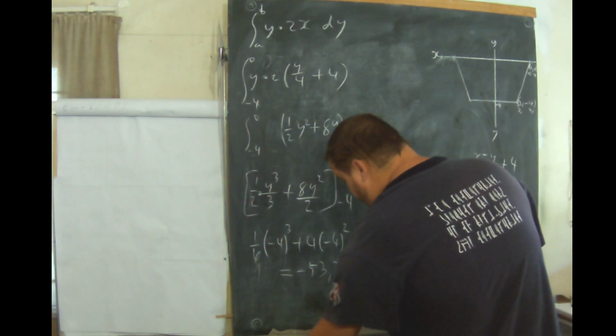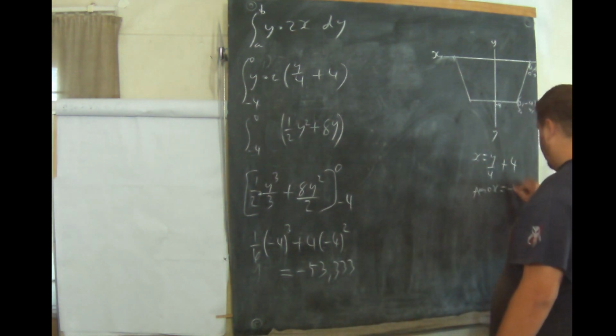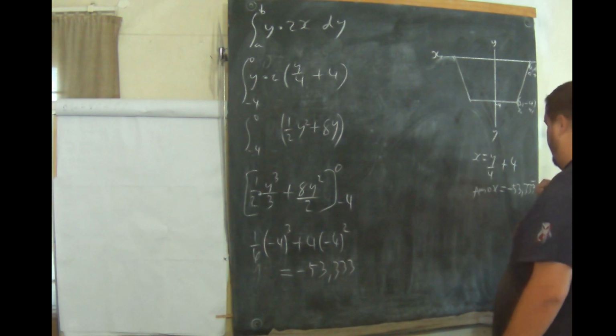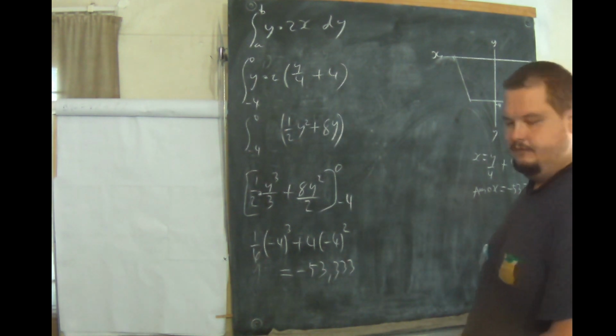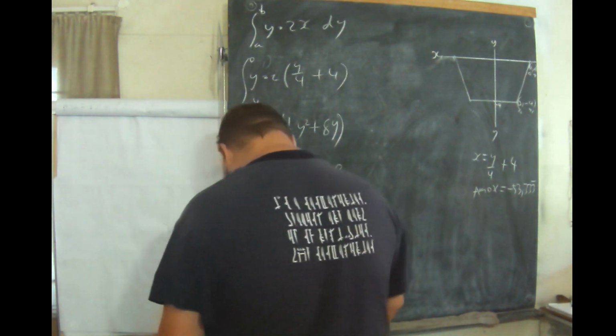We don't need Amoy. And that's minus 53.333, and it's a recurring number. Okay, so the next one.